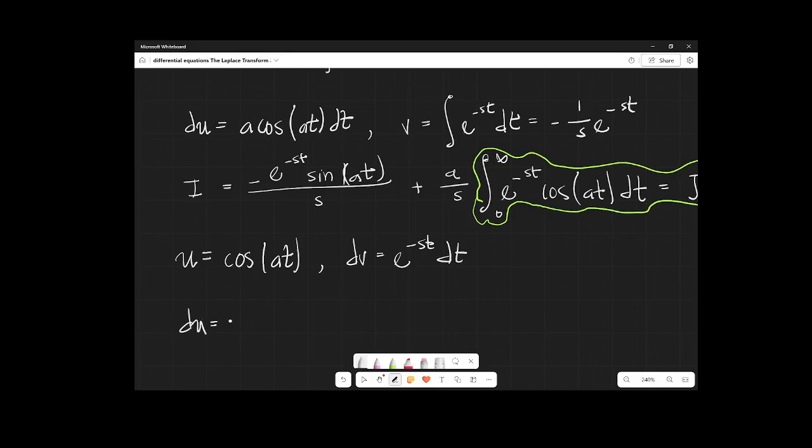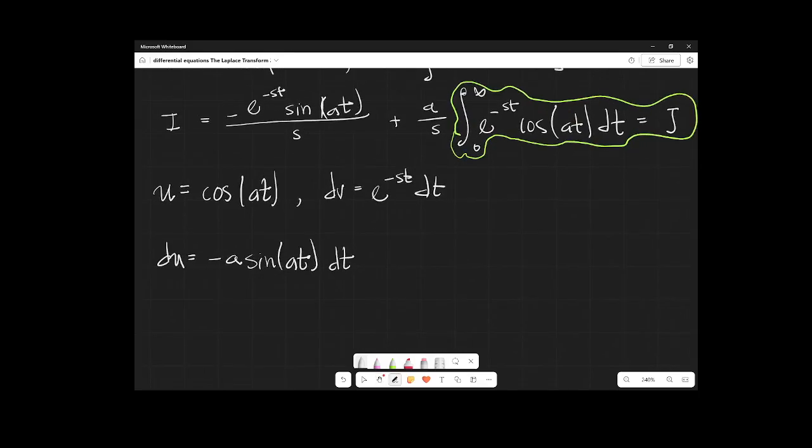Taking the derivative here, we just get, remember the negative sign for the derivative of cosine, right? And also v, we just did that integral above, negative 1 over s times e to the negative st, right? Okay.